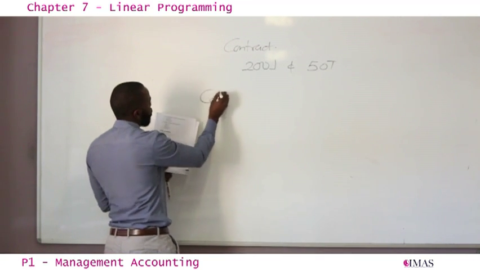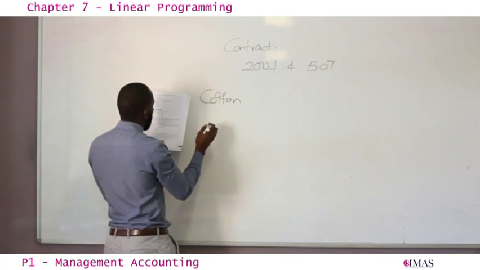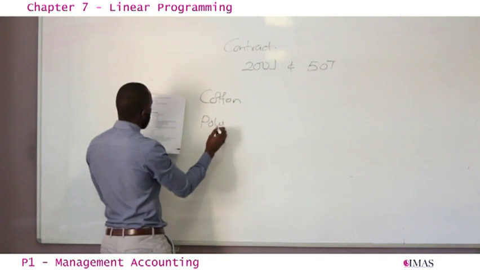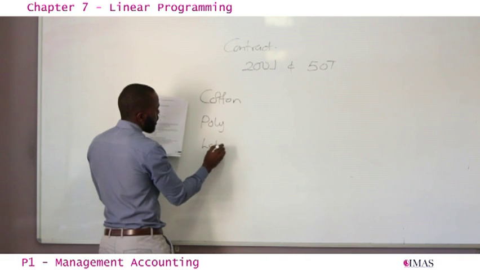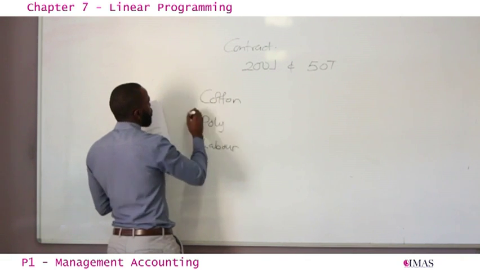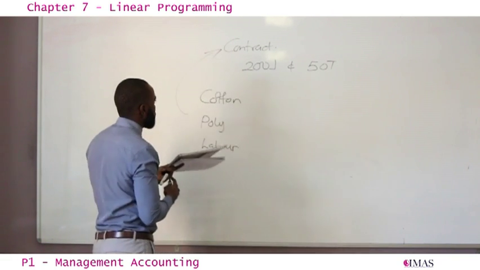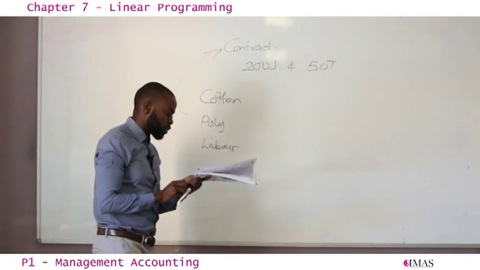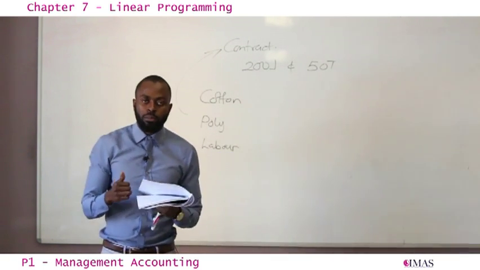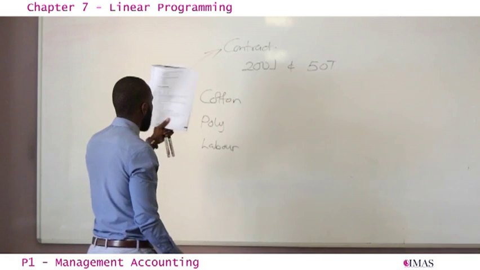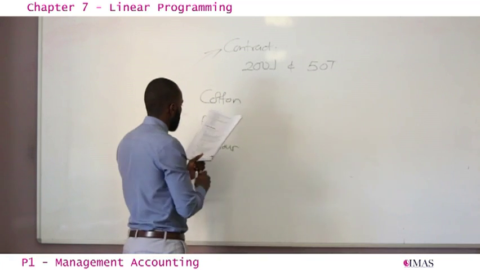We want to see how much cotton, how much polyester, and how much labor we're going to use for the contract, because our resources first have to be given to the contract. So for cotton we have 4,000 meters, but first we need to allocate resources to the contract.